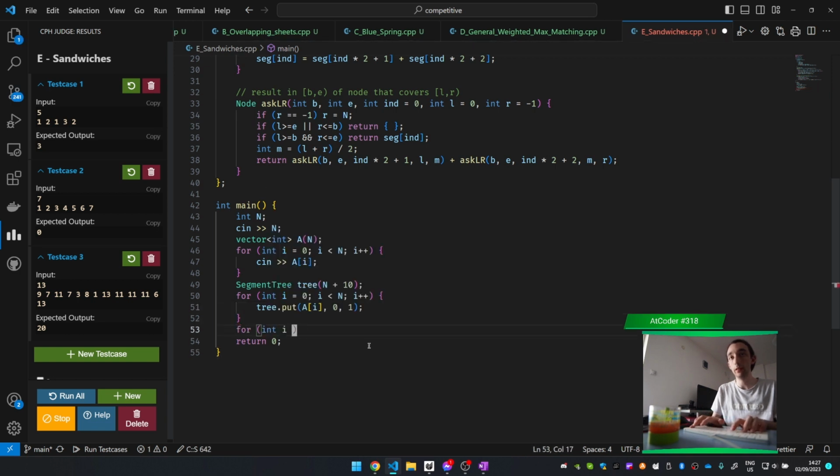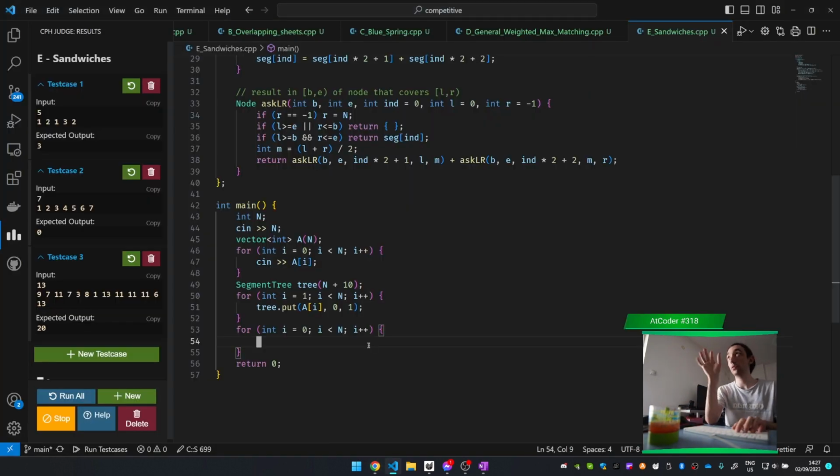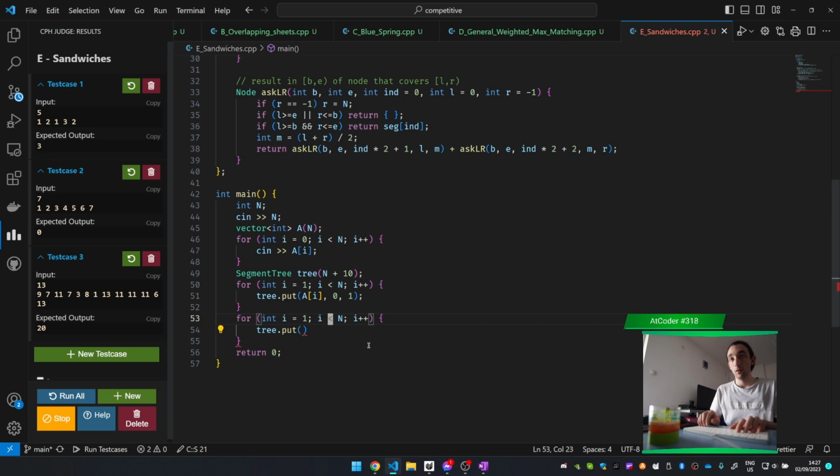Then here I will delete from the tree. Tree put a of I, and I will delete the right side.